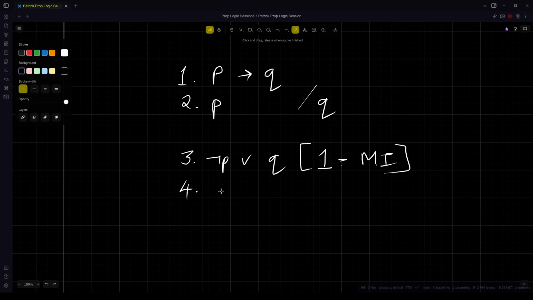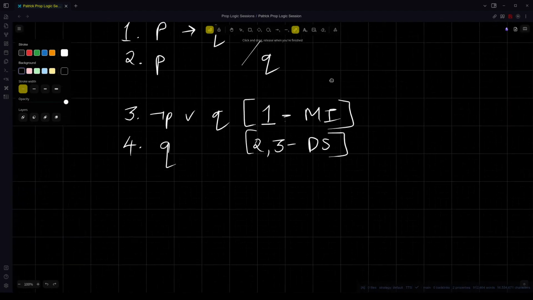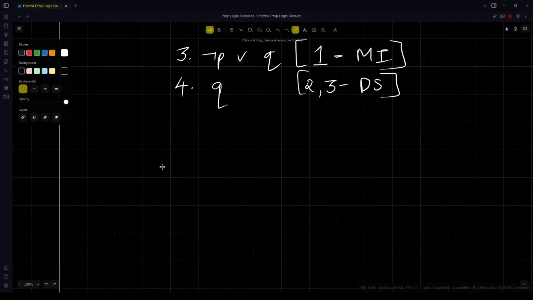Q. And disjunctive syllogism on which premises? I did it on 2 and 3. Okay. This one, modus ponens, we should have done next time. I didn't remember that I hadn't done material implication.